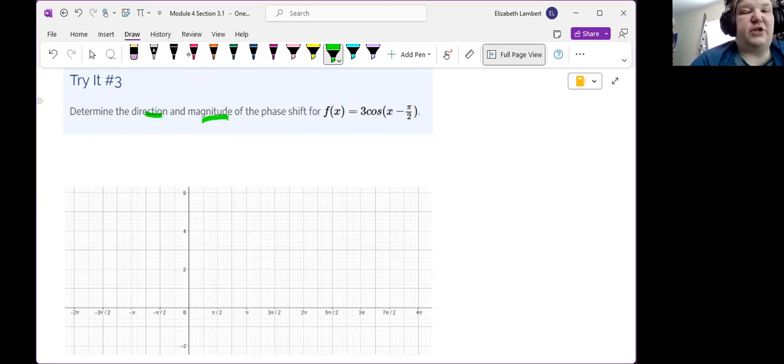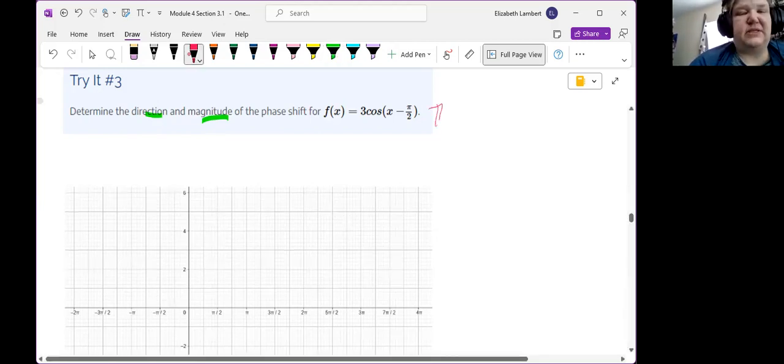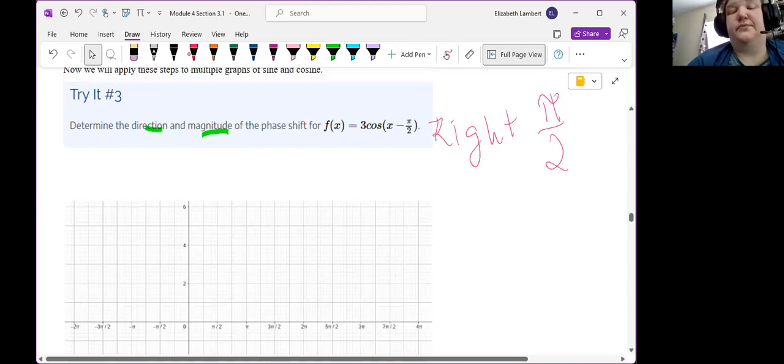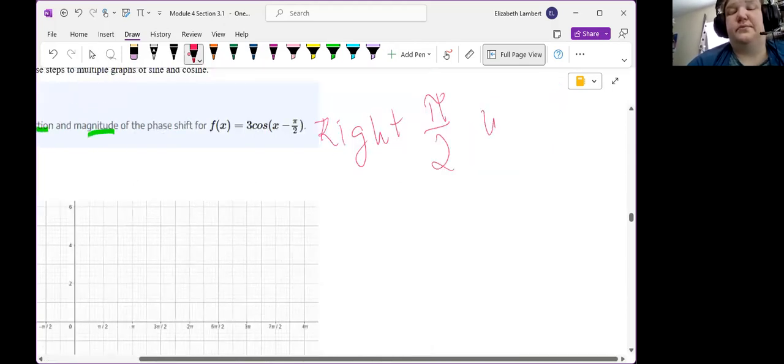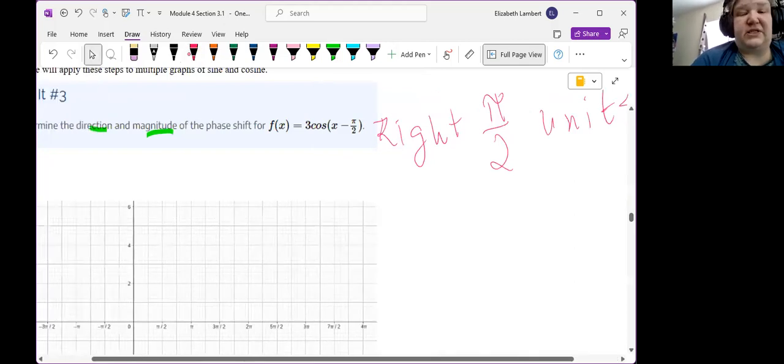So this is going to be right, pi over 2 units. And then the only other thing this graph has is the amplitude of 3.